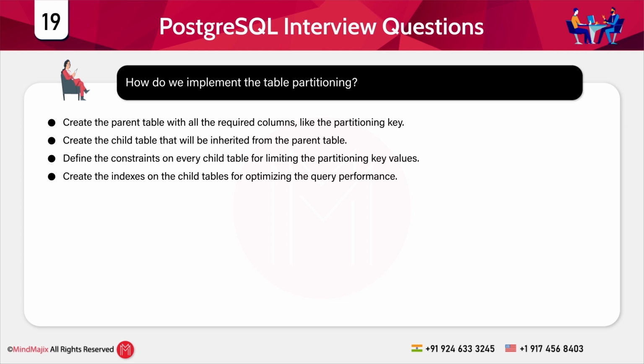And last but not the least, you create indexes on the child tables for optimizing query performance. The partitioning feature of Postgres offers automatic routing of data to the proper partitions as per the partitioning key, and this leads to simplified data management and enhanced query performance.